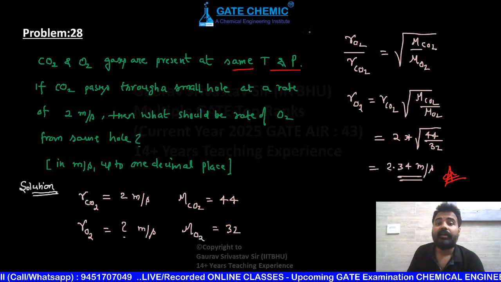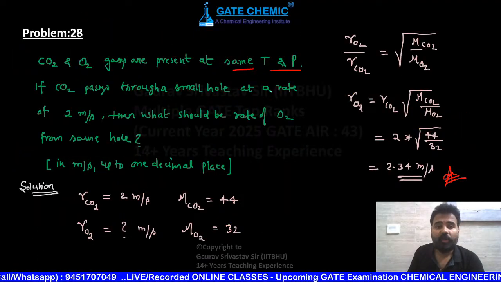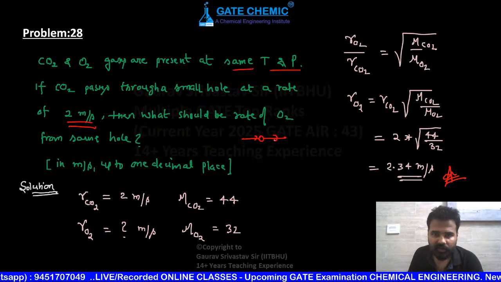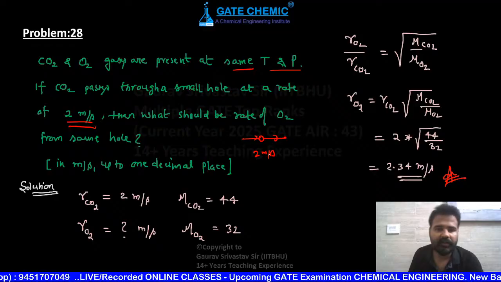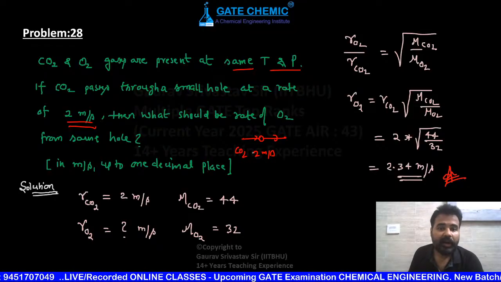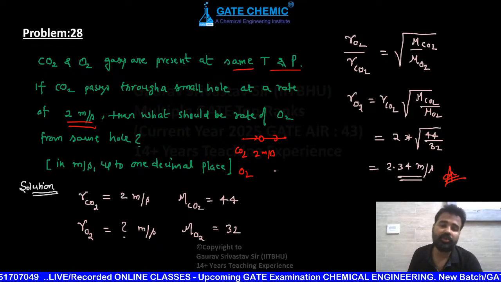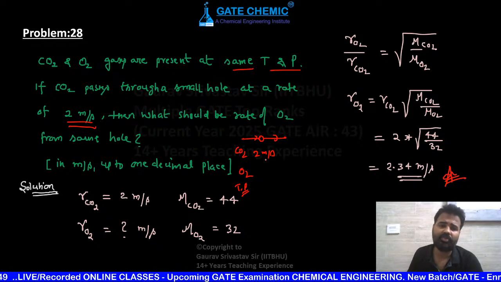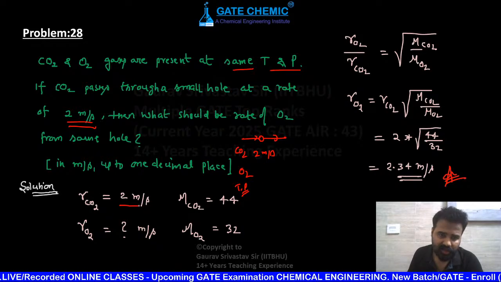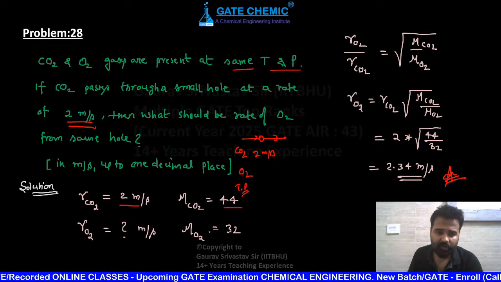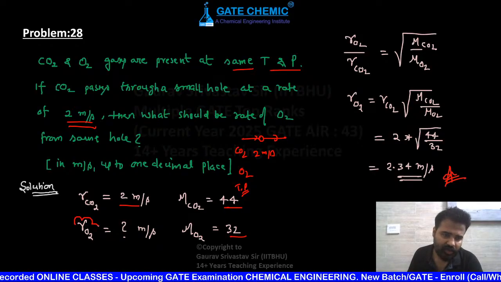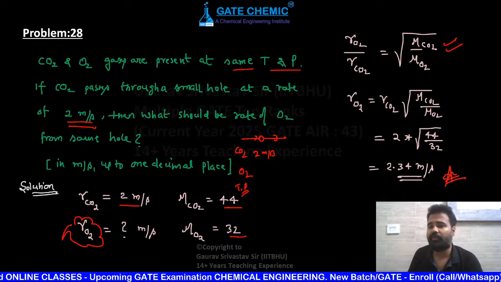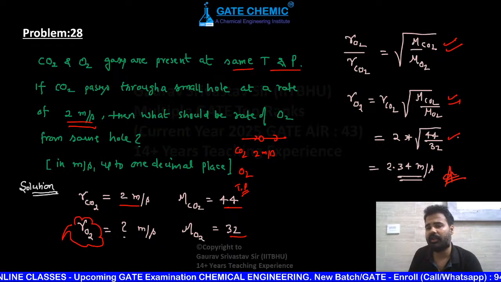Now if CO2 passes through a small hole at a rate of 2 meter per second, meaning this is your small hole, and CO2 is passing through it at a speed of 2 meter per second, if oxygen has to pass through the same small hole at the same temperature and pressure, then what will its speed be? This is your small question. So R_CO2 is given, molecular weight you can calculate, M_O2 you can calculate, then you have to just calculate R_O2. Very easy formula. Again, if you remember this formula, very easy to calculate.